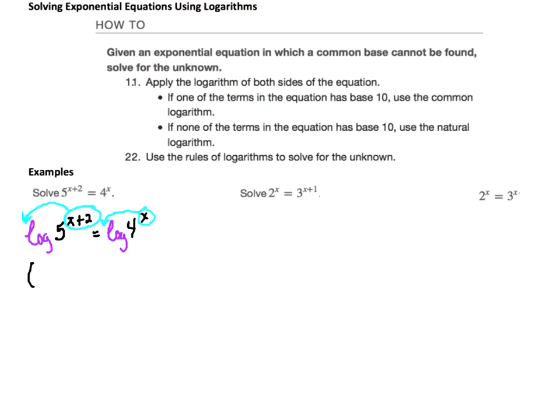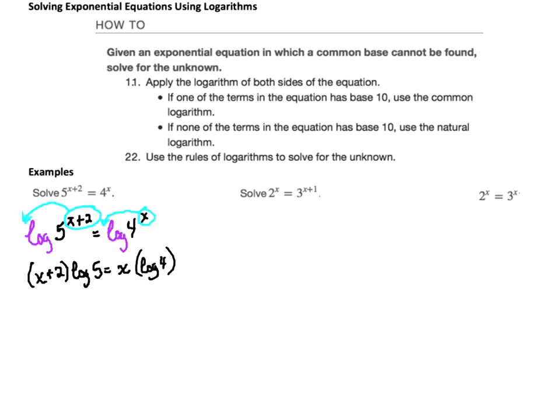And so now I have x plus 2 times the log of 5 equals x times the log of 4. All right. And I need to get my variables on one side of the equation and my logarithms on the other side of the equation.